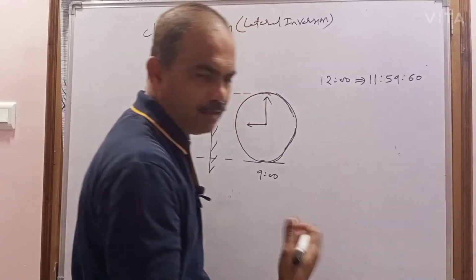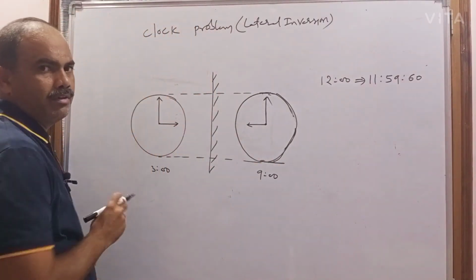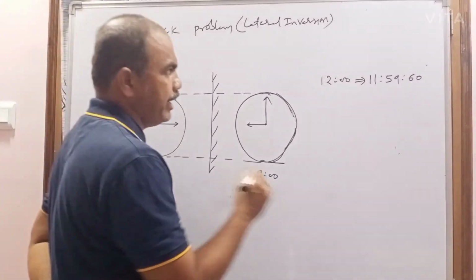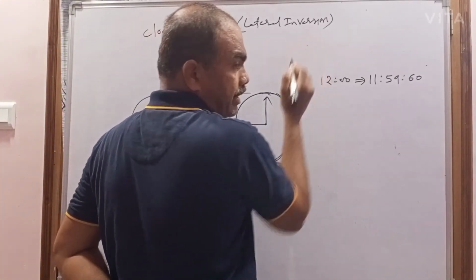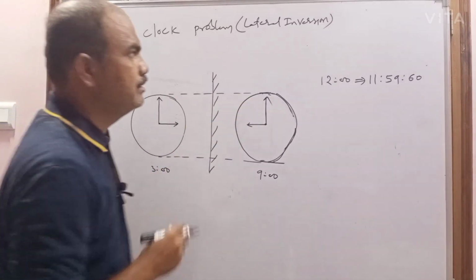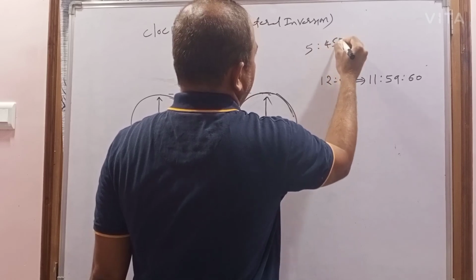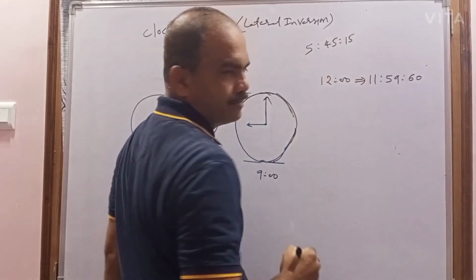For example, suppose they ask like this: the actual time in the actual clock will be 5 hours 45 minutes 15 seconds.